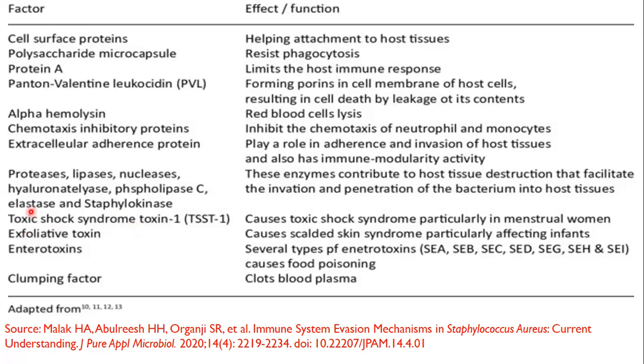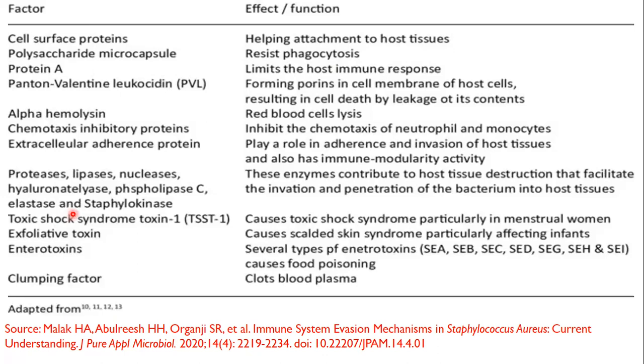Now, this toxic shock syndrome toxin, when produced by the organism, makes the individual really go morbid, or undergo shock. When you say shock, this is basically denoted by hypotension, tachycardia, or any instability in the vital signs of the patient.